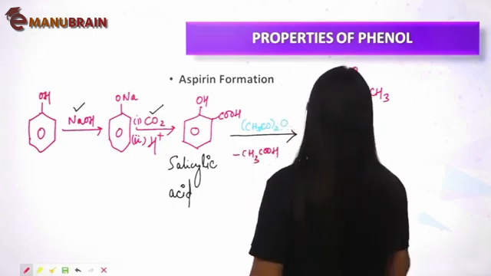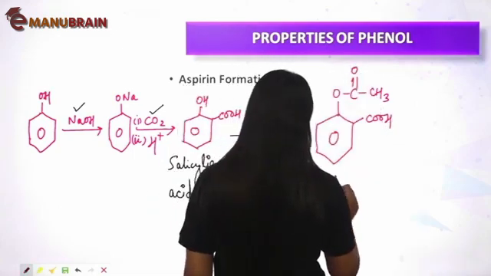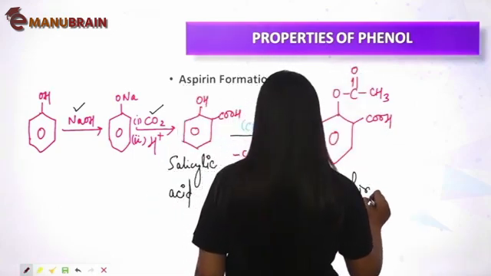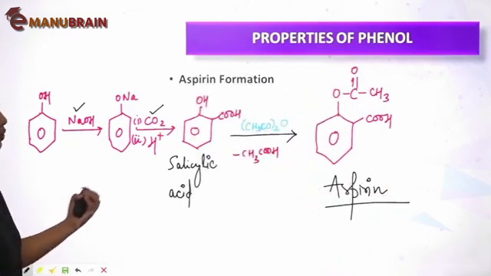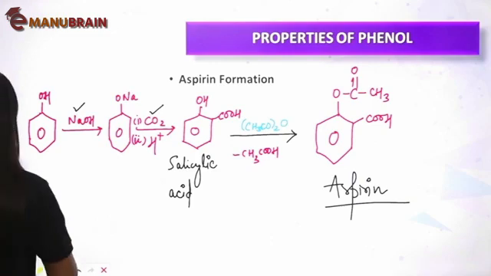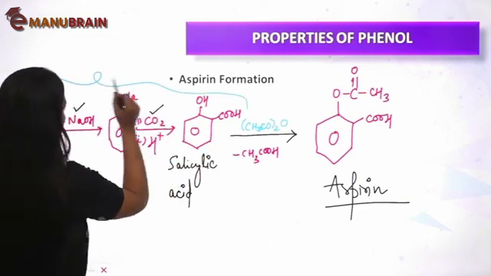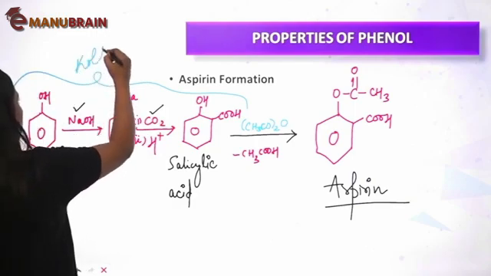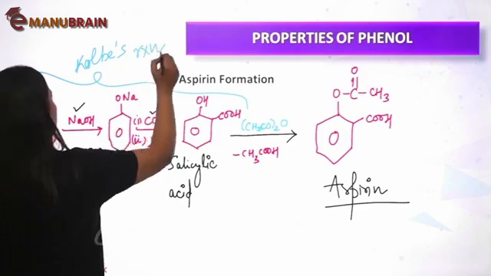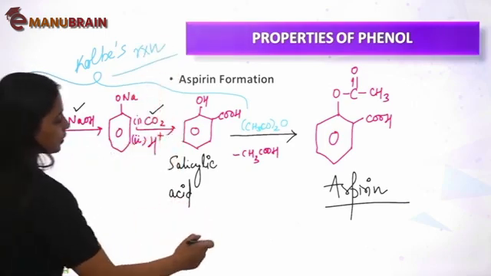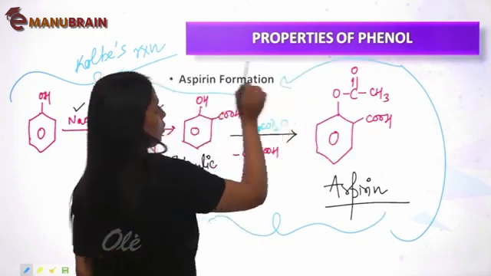A molecule of ethanoic acid is removed. So this is your aspirin, which happens through Kolbe reaction. So it proceeds first till here, you will write it Kolbe reaction, okay, and then this modification is for aspirin formation, okay.